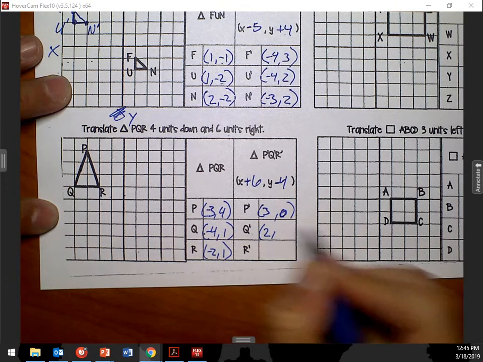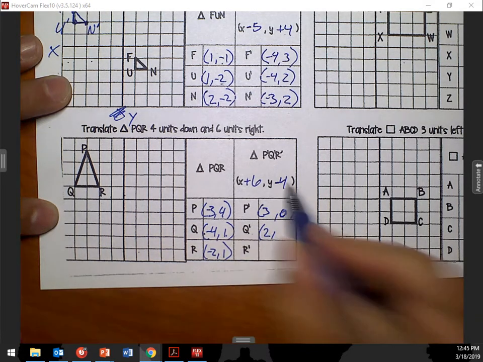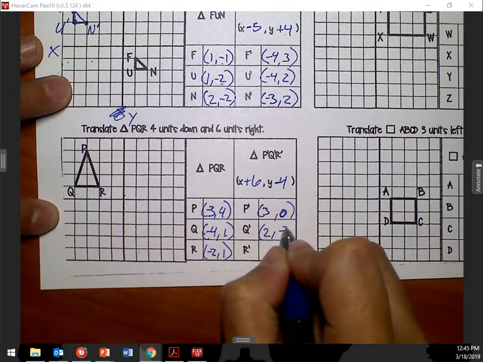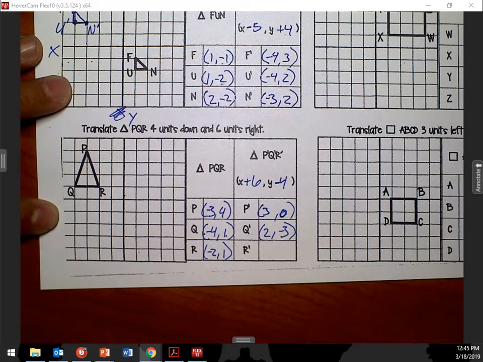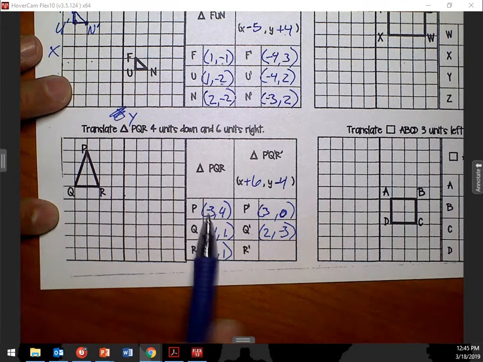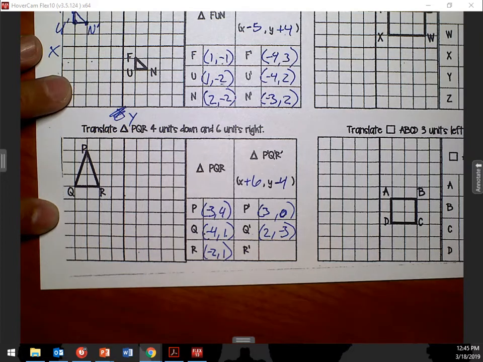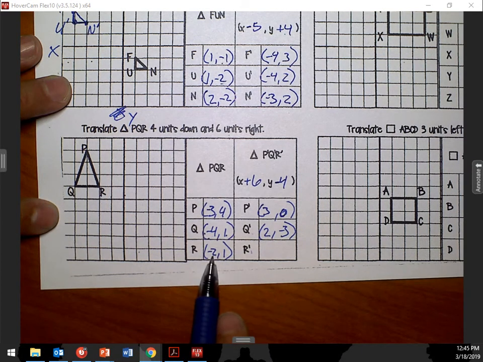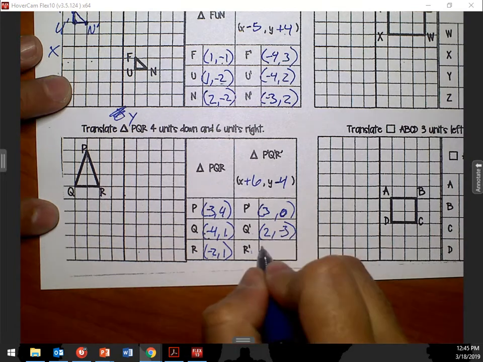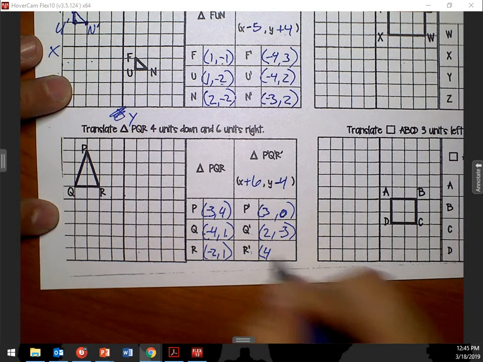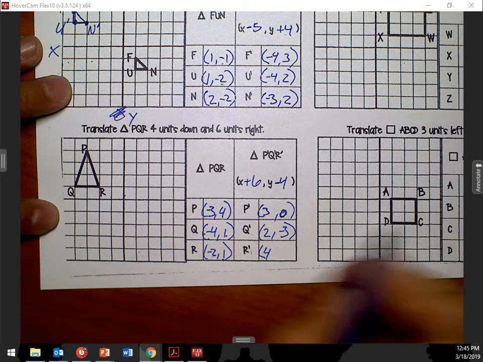So positive 2 and 1 minus 4. Yes. For P, negative 3. Okay, all right, and R prime. So negative 2 plus 6 is? And 1 minus 4?